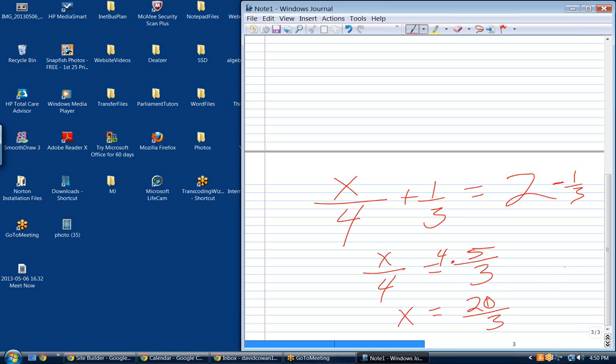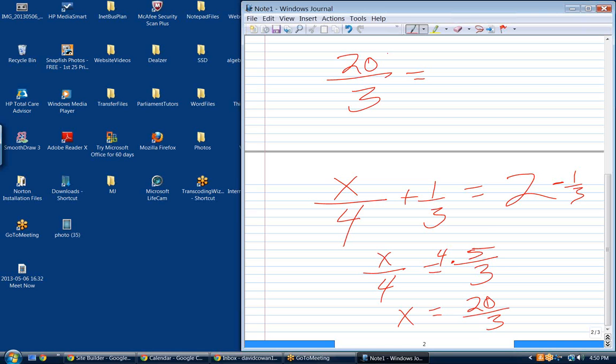So I could either leave this as 20 over 3, but if I chose to turn that into a proper fraction, what is it? This is an improper fraction, meaning it's greater than 1.